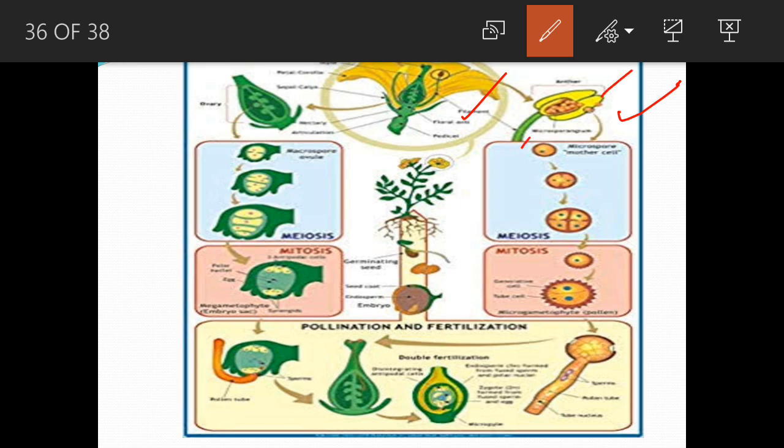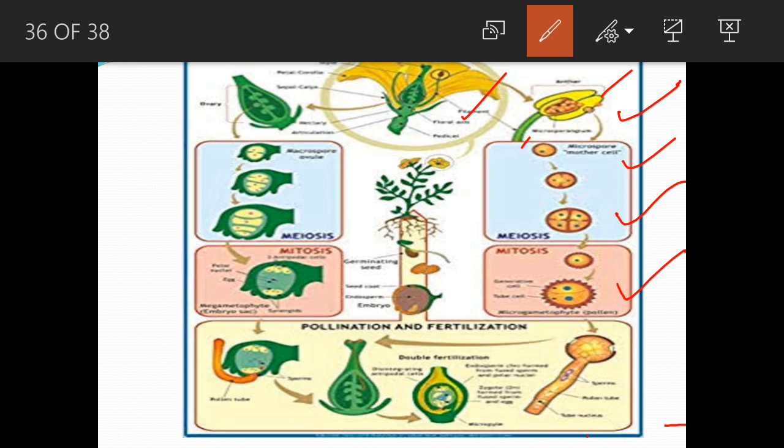In the anther there are microspore mother cells. They will divide by meiosis to form 4 microspores, and these microspores are the pollen grains. It has two cells: one is the vegetative cell and the other is the generative cell.